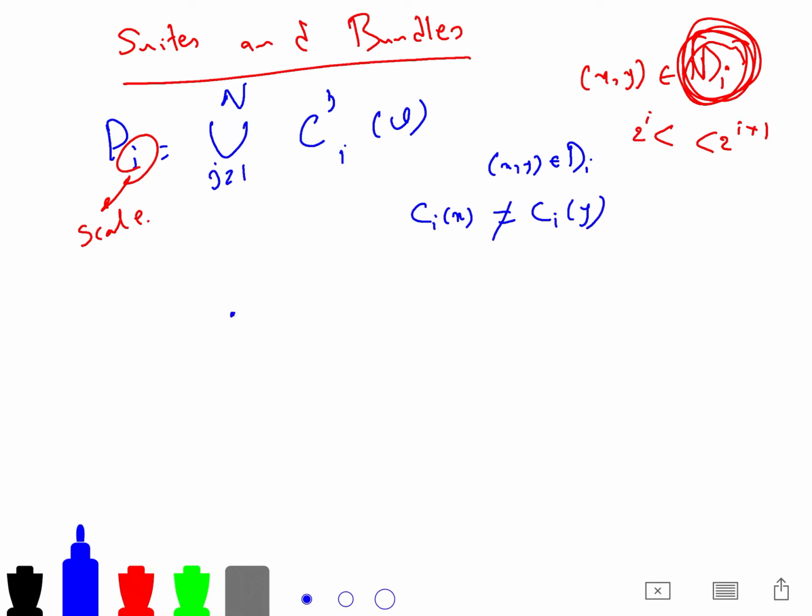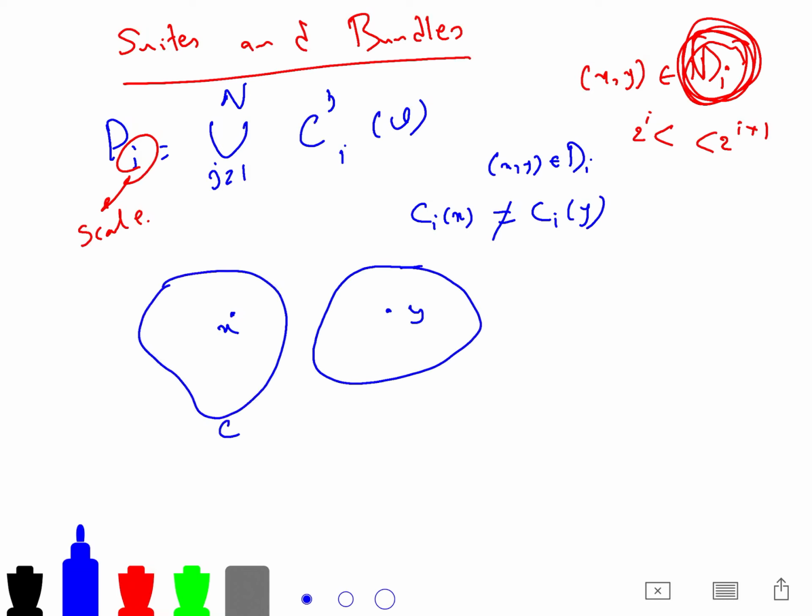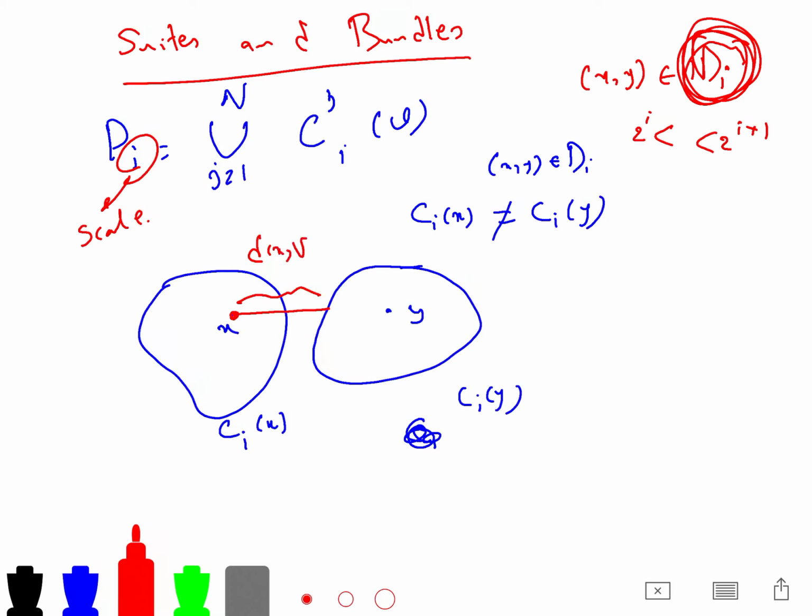For example, if you have x, you have y here, and you have Ci of x and Ci of y, then their distance from x to here, let's say this is d of x and v, excluding that cluster, and the same thing for y. And this distance x and y.